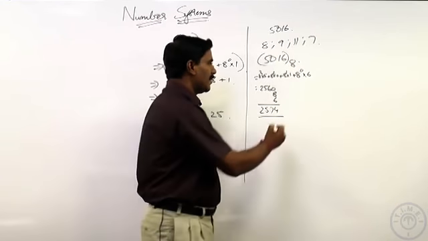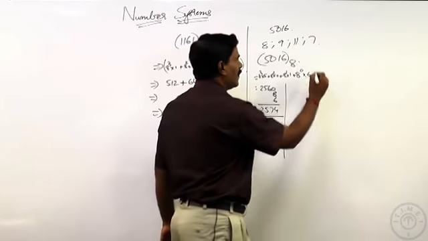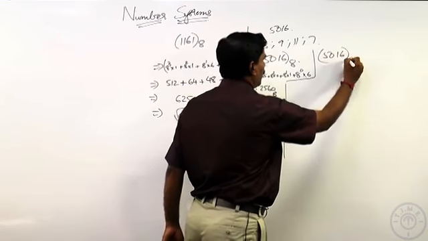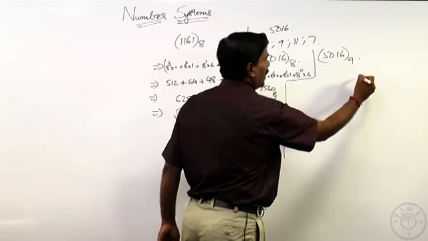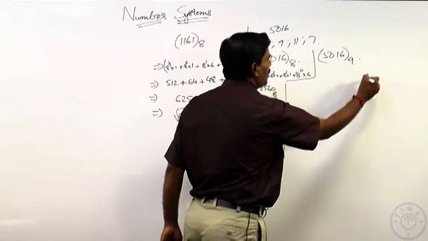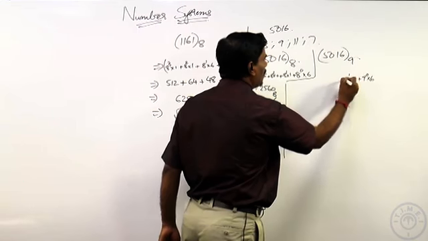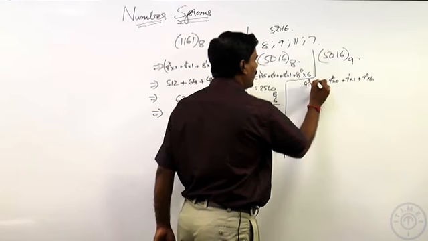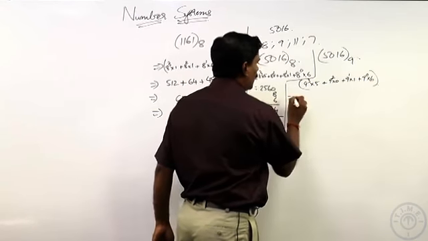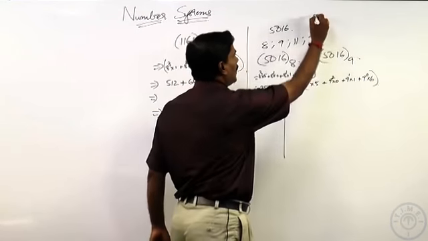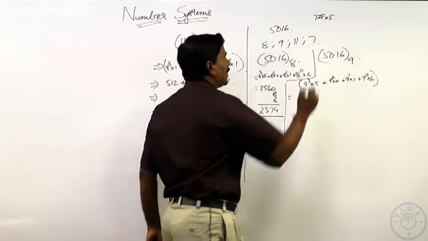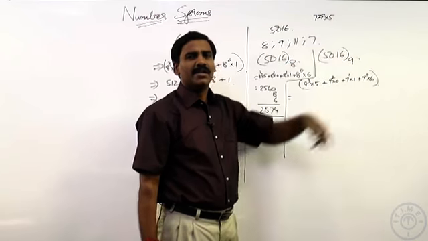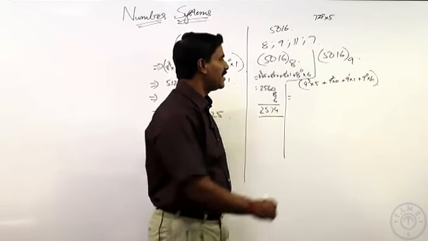In the same way, let's look at base 9 also, considering 5016 in terms of base 9. 9 power 0 into 6, 9 power 1 into 1, 9 square into 0, and 9 cube into 5. 9 cube is 729, 729 into 5: 700 5s is 3500, 29 5s is 145, 3500 plus 145 will be 3645.